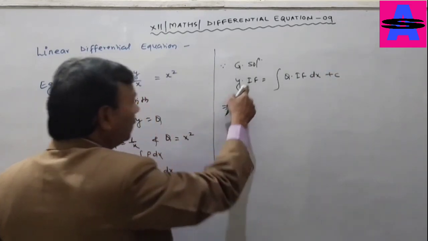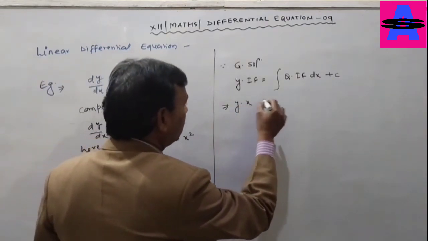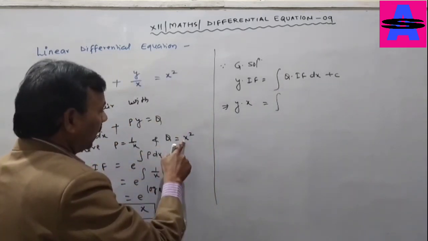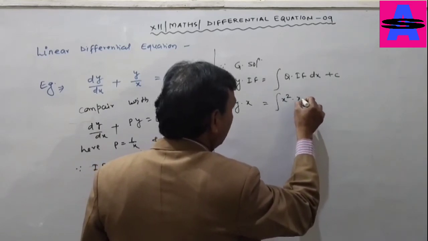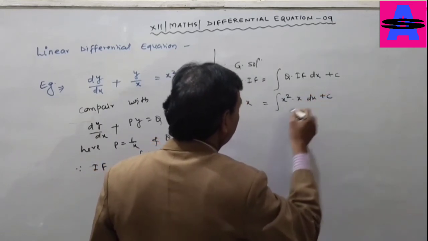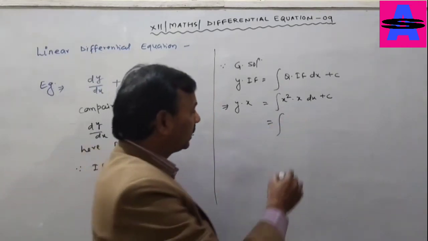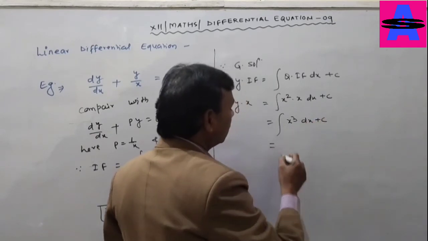Here IF equal to x, so this will be y into x equal to integration q, which is x square, so write here x square into integrating factor x into dx plus c. This will be x square into x, means x cube, into dx plus c.